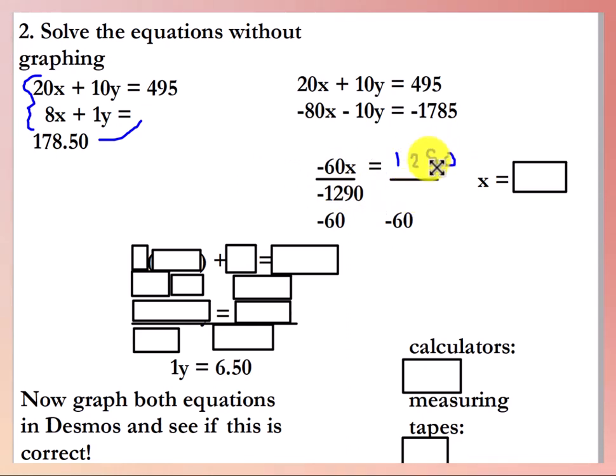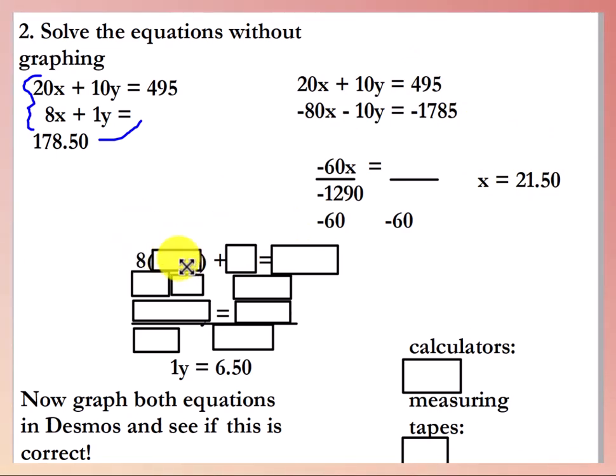There's the 1,290. I wrote it as a ratio. All right, divide by 60. X is equal to $21.50. Take that x and plug it into either equation.